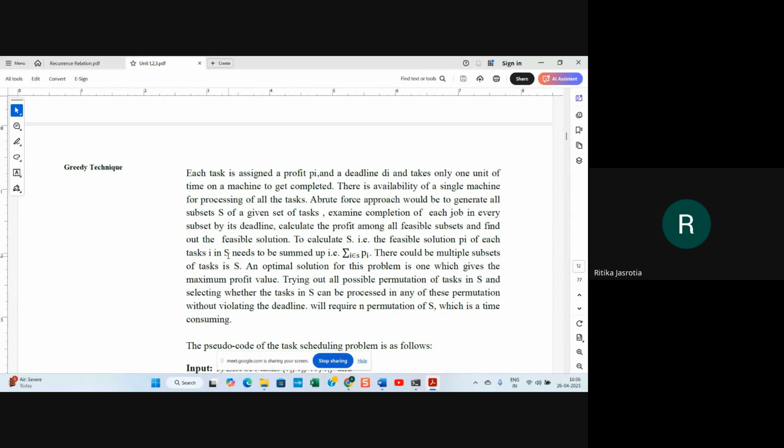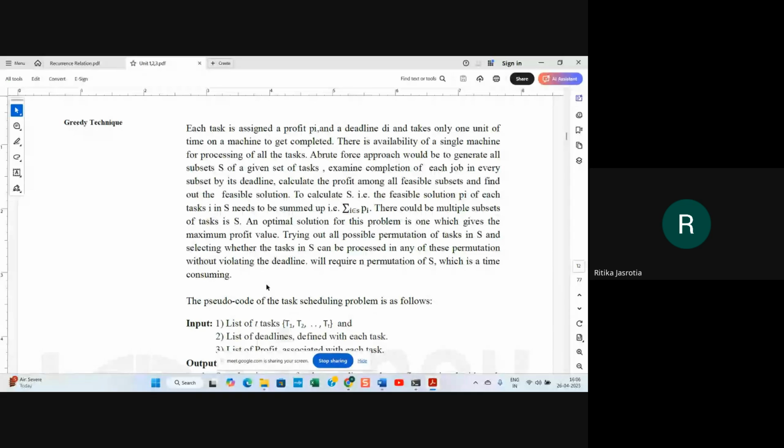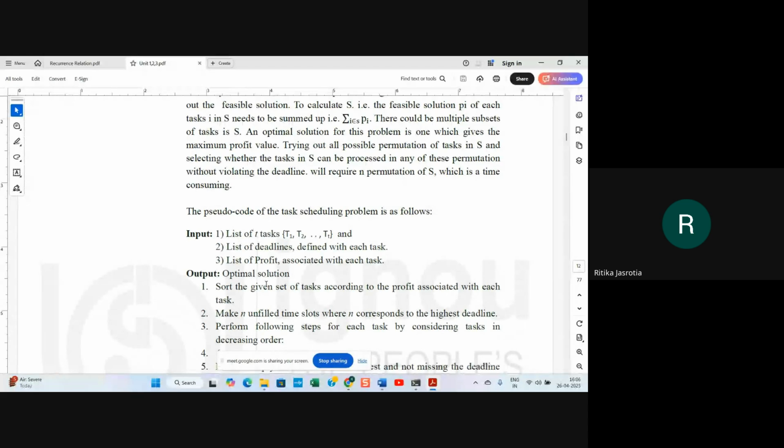So the profit needs to be summed up. There could be multiple subsets of tasks in S. An optimal solution for this problem is one which gives a maximum profit value. Trying out all the possible permutations of tasks in S and selecting whether the tasks in S can be processed in any of these permutations without violating the deadline will require n permutations of S, which is time consuming.